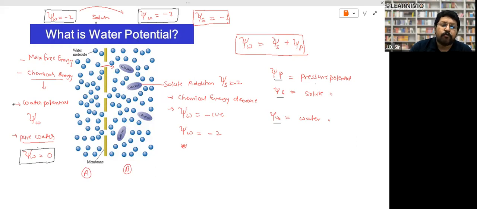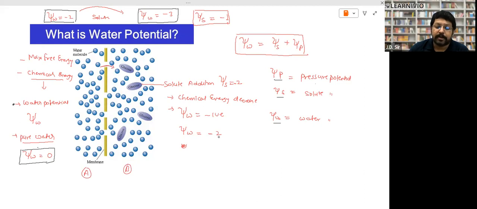So what will happen? Water will start moving from higher potential to lower potential, right? So this glucose I have added, solute addition. When I add the solute, psi S, solute potential, will become -2, right? Because due to addition of solute, the water potential went down, meaning chemical energy decreased, and water potential will become negative.